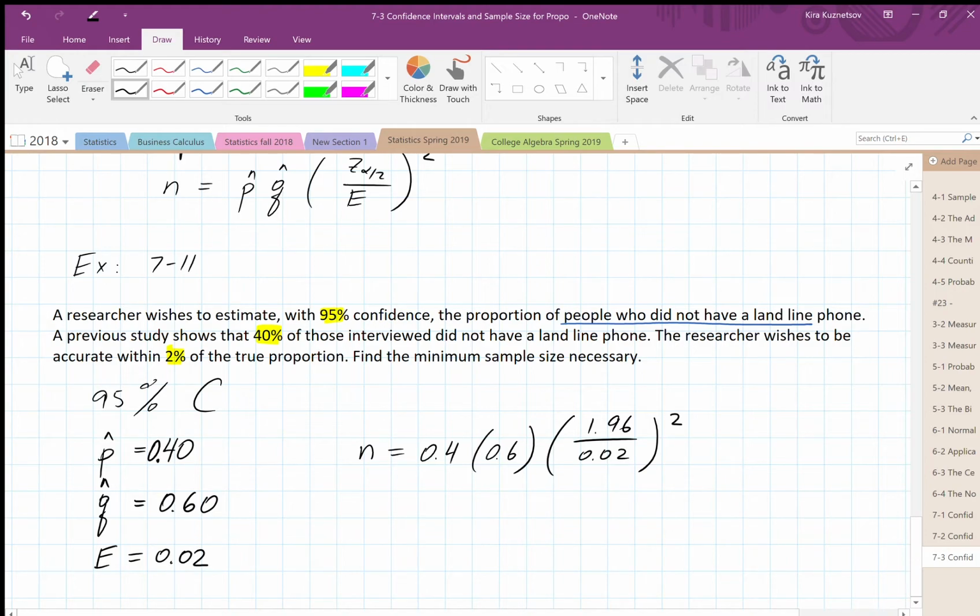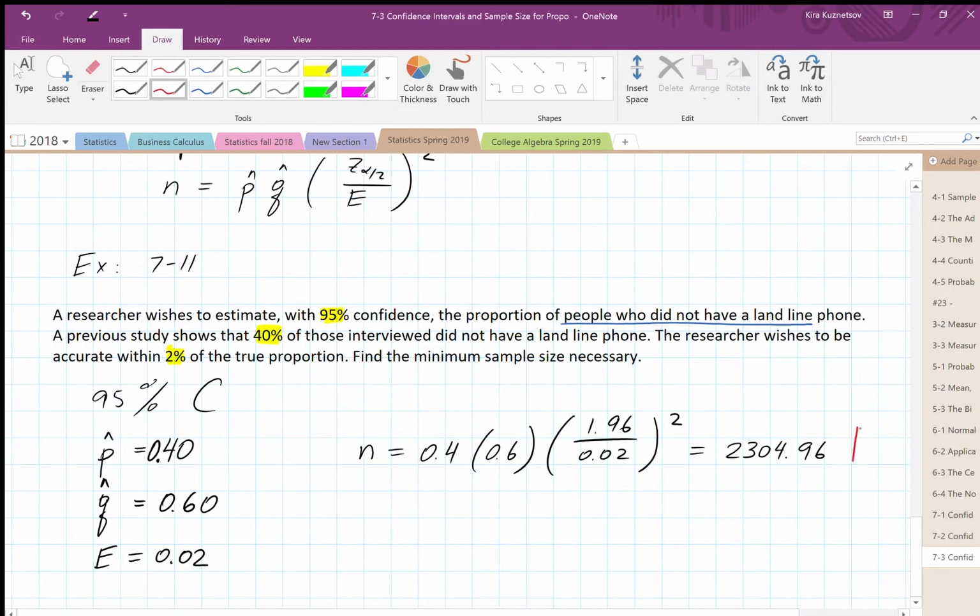So all we're really doing is putting all of this into your calculator: 0.4 times 0.6 times, opening parentheses, 1.96 over 0.02, and then I need to square whatever is inside the parentheses. The number that the calculator spits out is this.